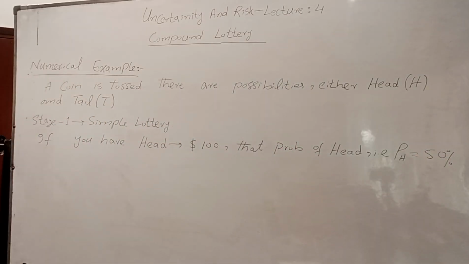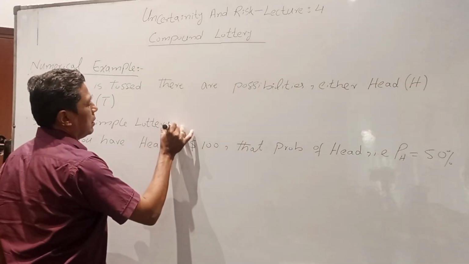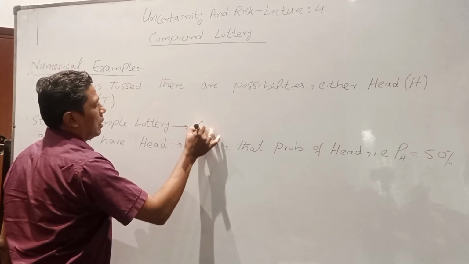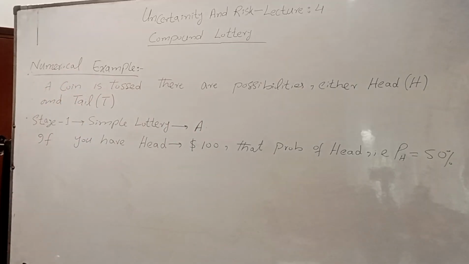Clear? If you have head, you win $100, and that probability of head, that is PH, is 50%. And it is called, for example, lottery A, we name it.